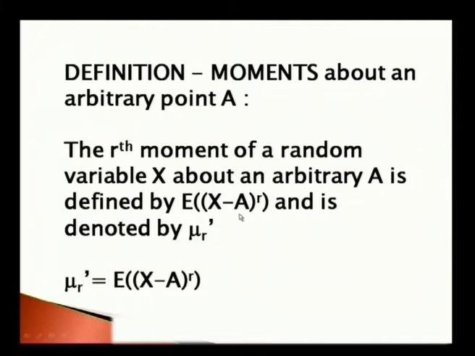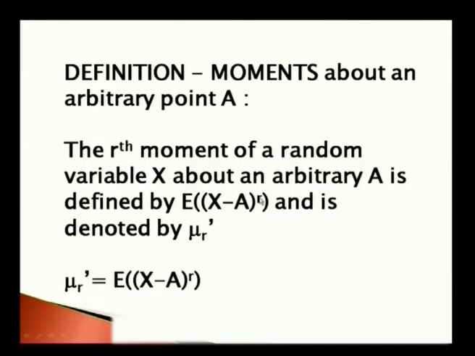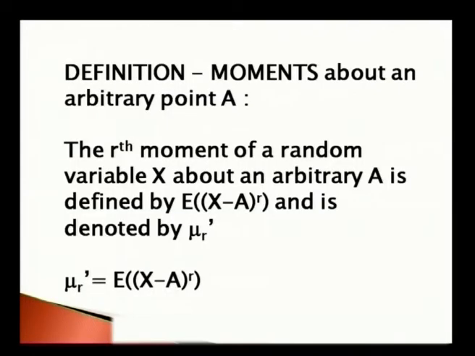When this a happens to be 0, you get expectation of x power r, which is your raw moment discussed earlier, the first definition we have seen, that is mu r dash, expectation of x power r when a is equal to 0. When a is not 0, you get expectation of x minus a whole power r, and this is also denoted by mu r dash, but to distinguish you can put A. Mu r dash is equal to expectation of x minus a whole power r.